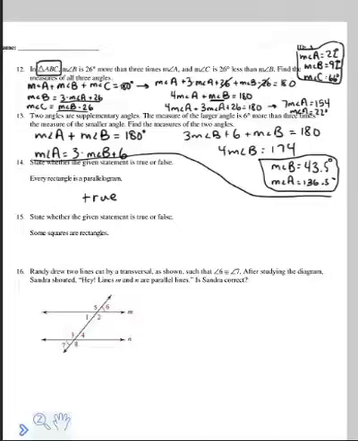That's the only requirement to be a rectangle. And then if you think about it, a square has 4 right angles and 4 congruent sides. So the statement should read all squares are rectangles. So I'm going to say this is false. All squares are rectangles, not just some squares.